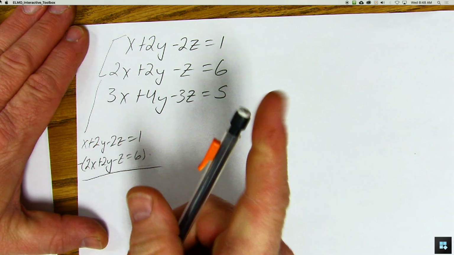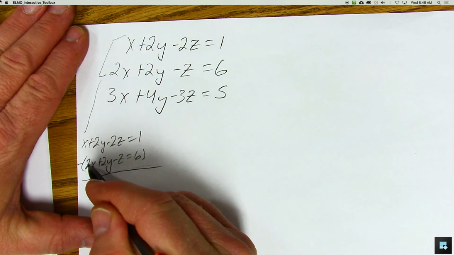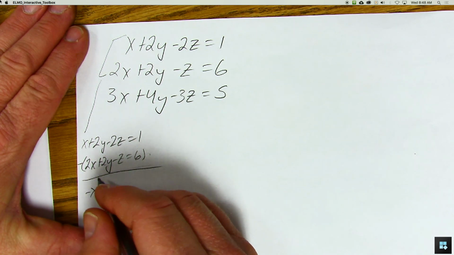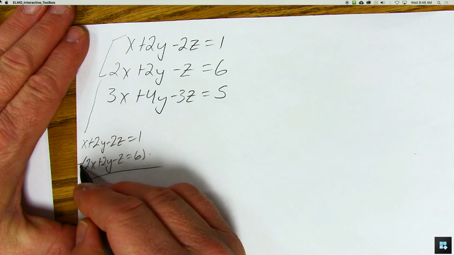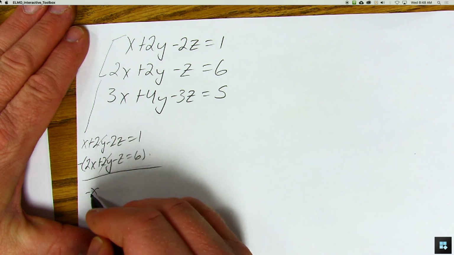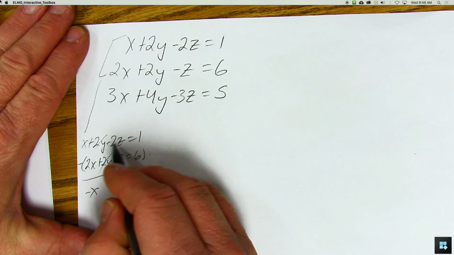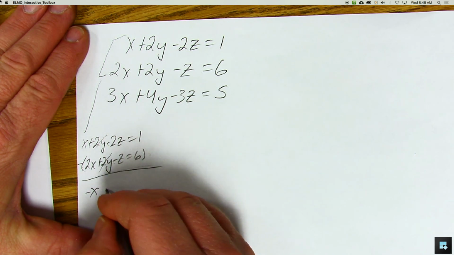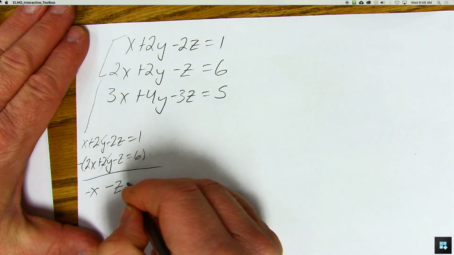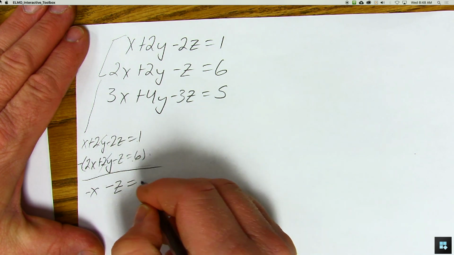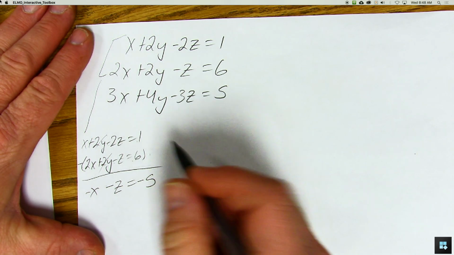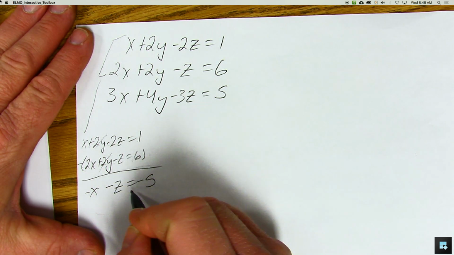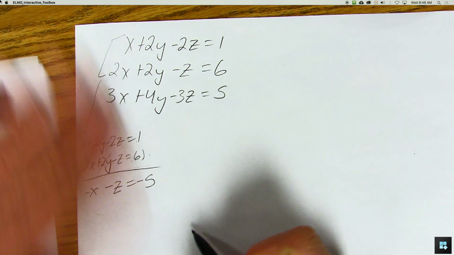So x minus 2x is a negative x. 2y minus 2y cancels. Negative 2z minus a negative z is a negative z, equals 1 minus 6, which is negative 5.